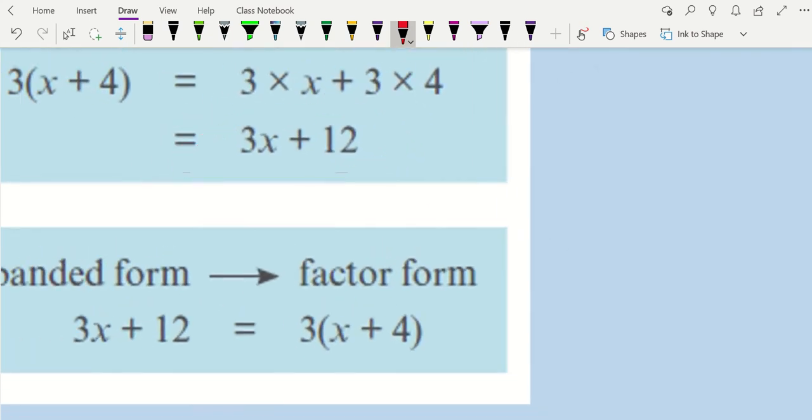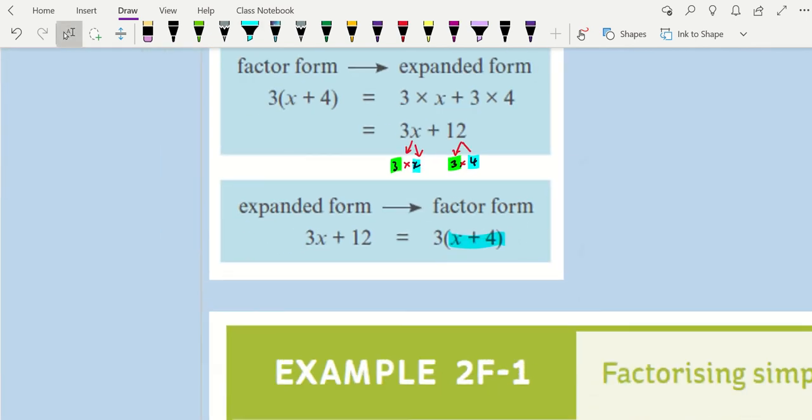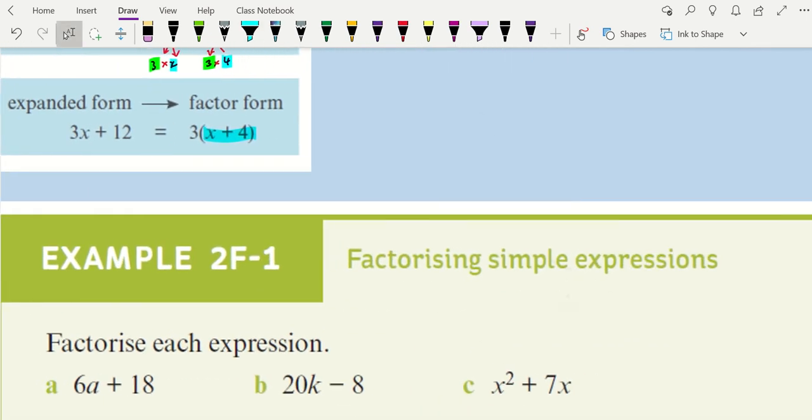In my mind, I'm thinking the highest common factor of 3x is 3 times x, and that's like saying 3 times 4. So I just highlight that, and that's what's going to go outside the brackets. Then the inside of the brackets is going to be the other bit, that x, and that plus 4. But we'll work up to that.